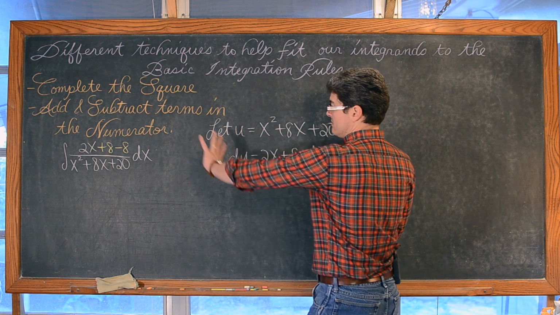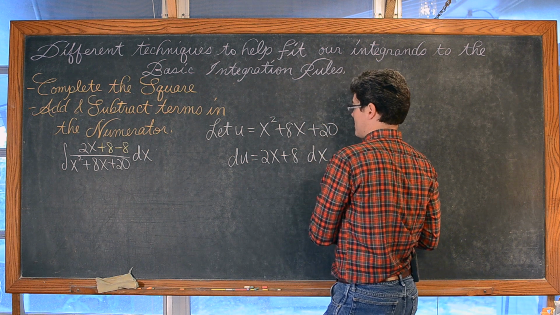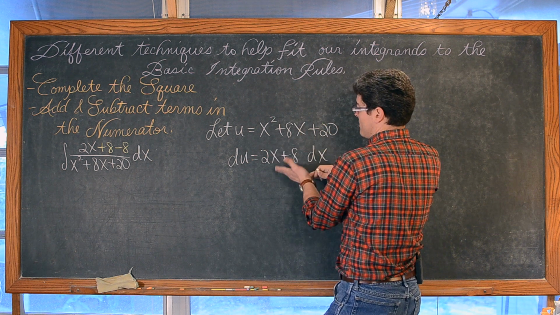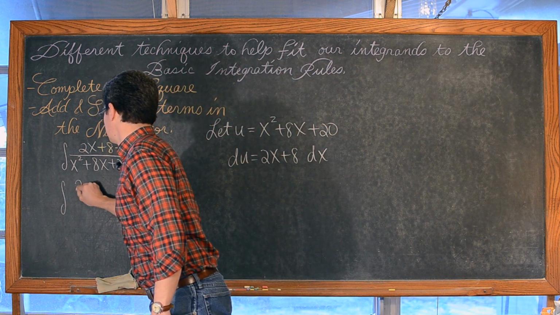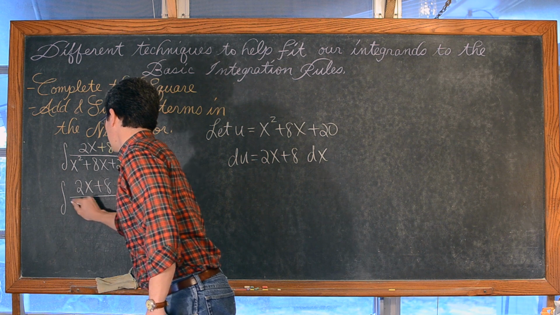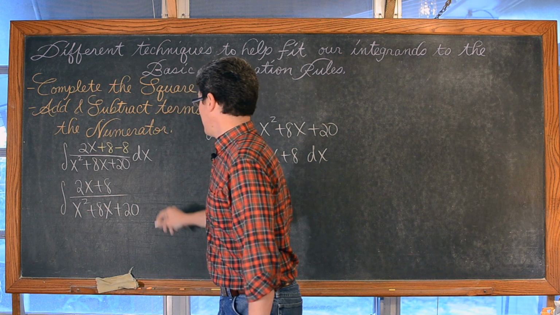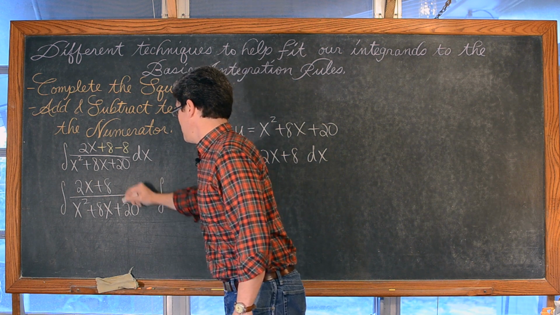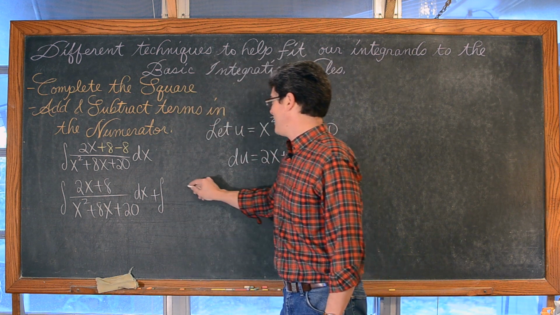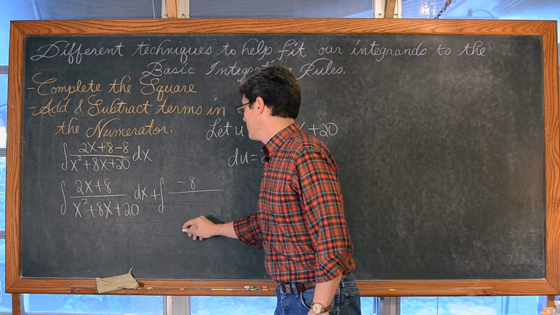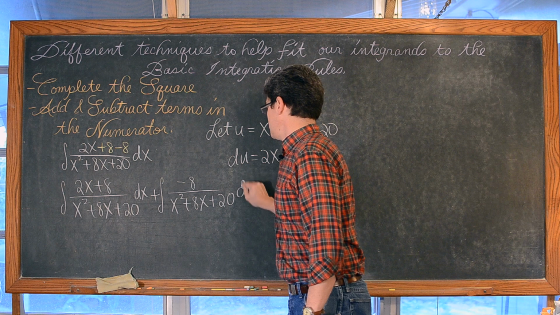And now I'm actually going to separate the numerator as well, so quite a few techniques, and thus we're going to get a pattern of u prime over u for part of our problem. We have the indefinite integral of 2x plus 8 over x squared plus 8x plus 20 dx, don't forget that, plus the indefinite integral of negative 8 over x squared plus 8x plus 20 dx.